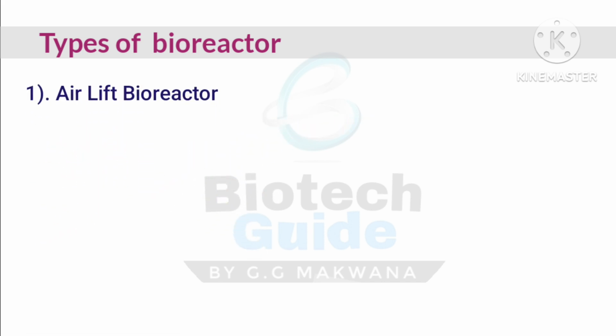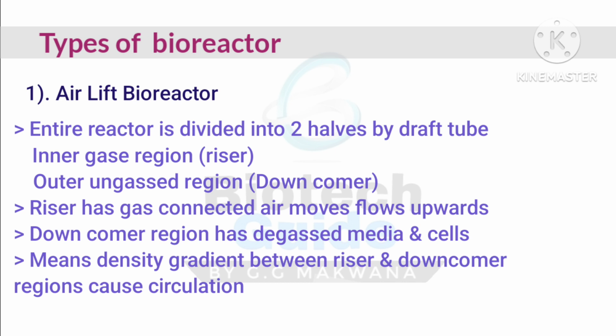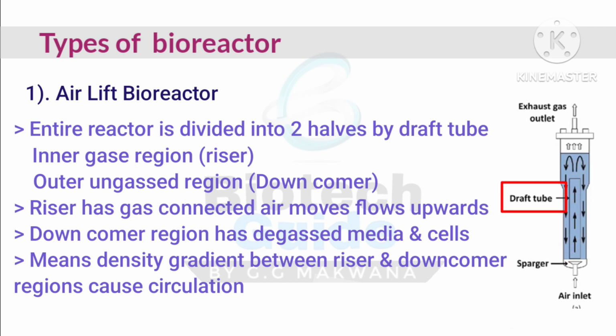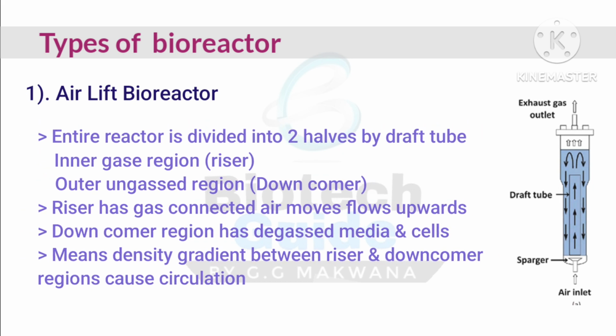First, the airlift bioreactor. The entire reactor is divided into two halves by a draft tube. Here you can see this is the draft tube, and the two halves are the inner gas region, the riser, this one, and the outer ungassed region, the downcomer, this one. Basically, what happens here is a density gradient between riser and downcomer, and circulation happens.